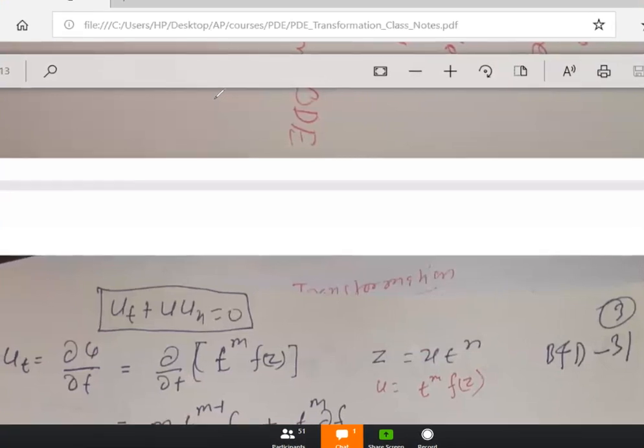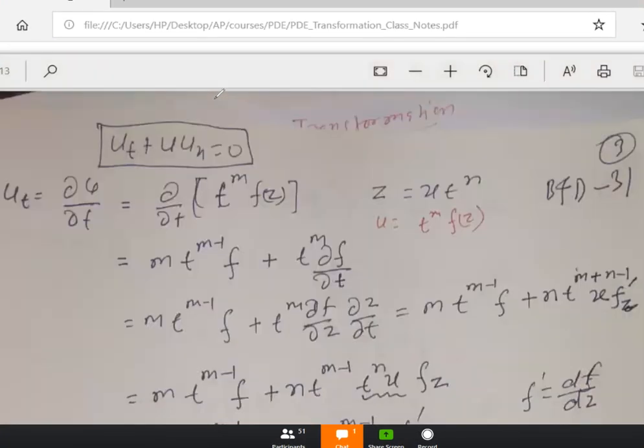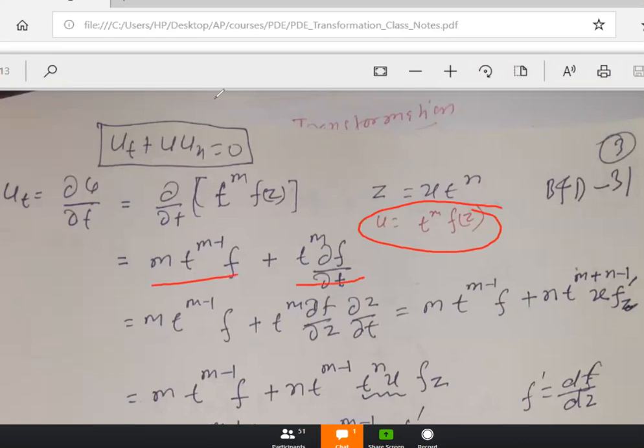Okay, so you have this u_t in this form. So you do the partial derivative with respect to t, you will get this. Now you are doing f of z, so basically you are doing f'(z).